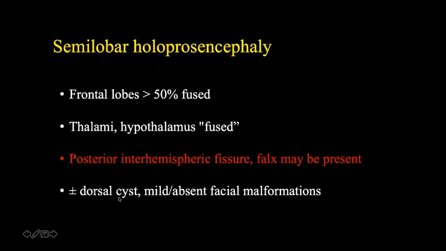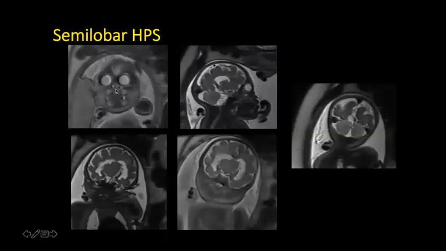And still you can have the dorsal cyst and the midline facial abnormality, but it's going to be a little bit less than what you can see in alobar. That's an example of a case, with a little bit of hypotelorism. There are certain measurements for the orbital diameter, but roughly speaking, you should be able to place another orbit between the two orbits.